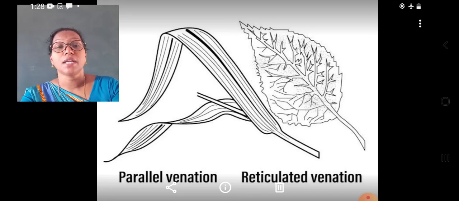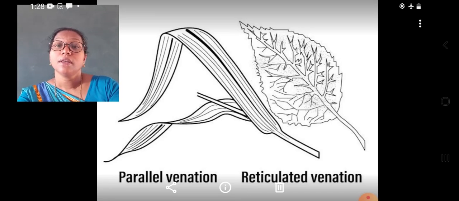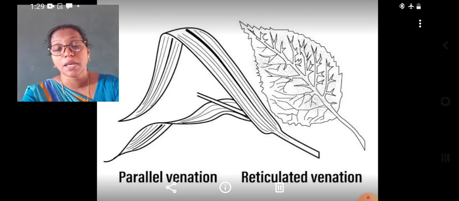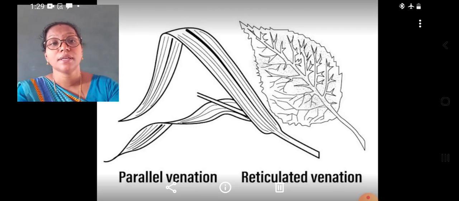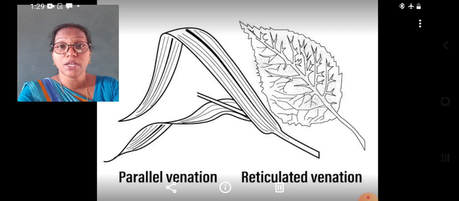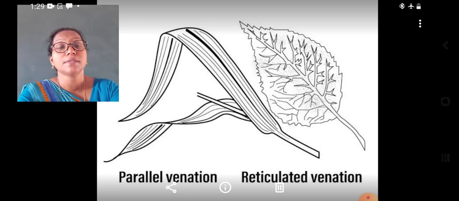Second one is reticulate venation or reticulated venation, in which there is a main vein in the middle. From the main vein or the midrib, many side veins arise. The side veins again divide into smaller veins or the netted veins.